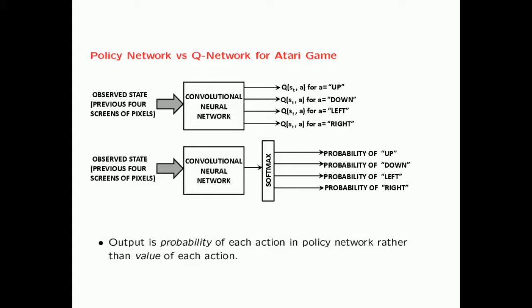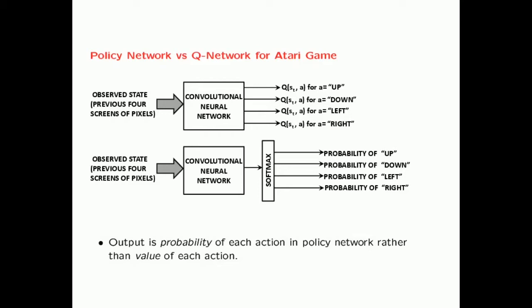In this case, you can see that the input is essentially the state of the game. And in the case of the Atari games, we had used the previous 4 snapshots of pixels as our input state, and it produces an output which is the Q value of each action. So let's say that in your Atari game, you have a joystick which has 4 possible actions corresponding to up, down, left, and right.